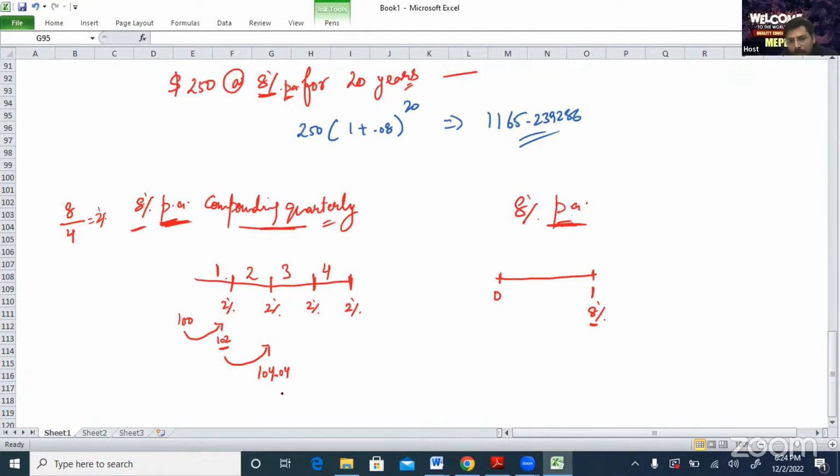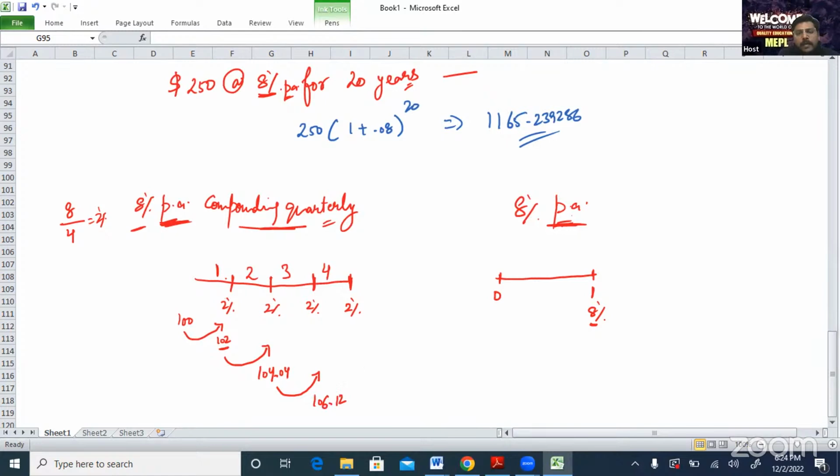Then again, in the third quarter, I will get 2% interest on this amount. So it will become how much? It will become 106.12.